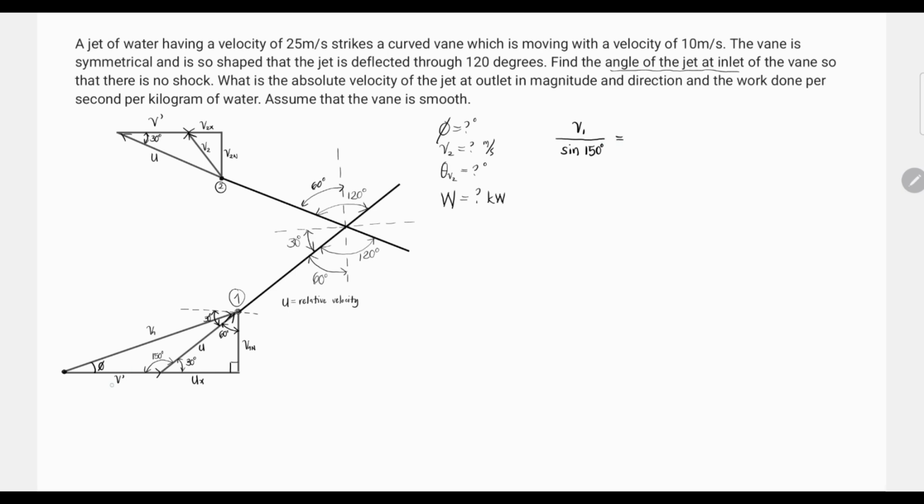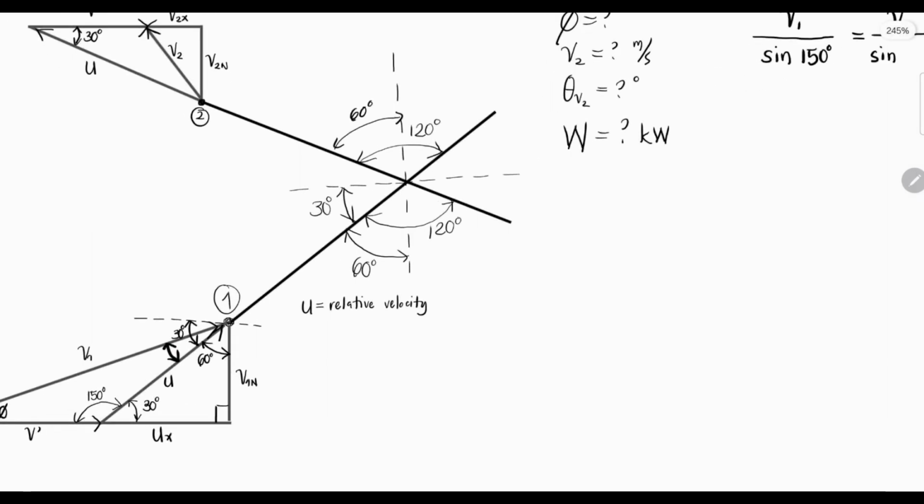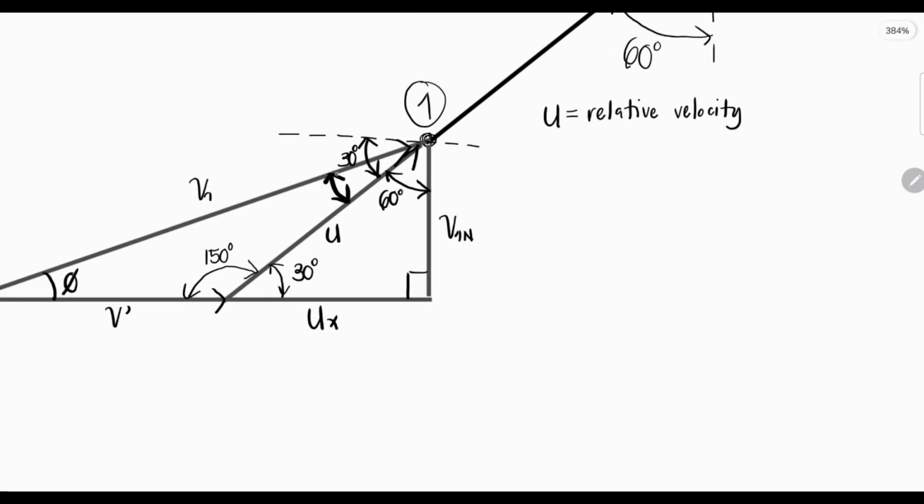That is equal to our V prime over sine. Ano yung opposite niya? Yung opposite niya ay hindi 30 degree, pero ang opposite niya ay this angle. So, ano ba yung angle na to?